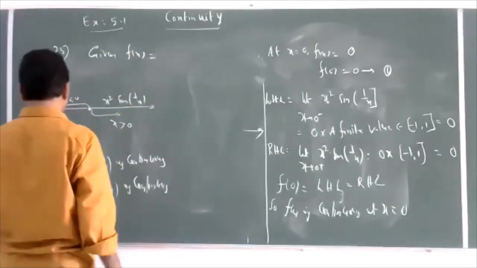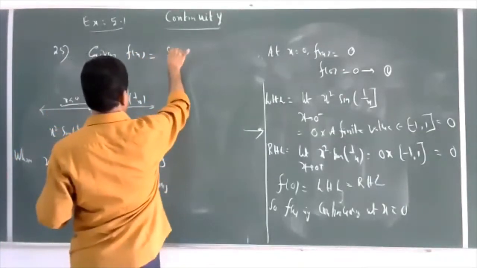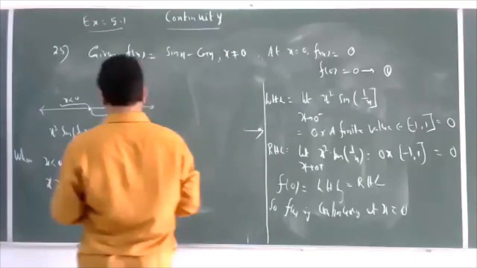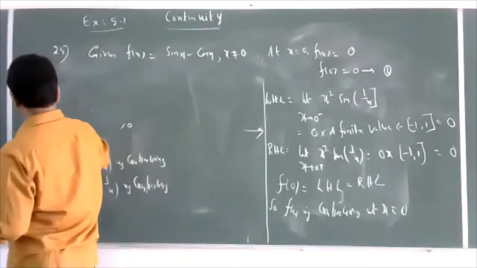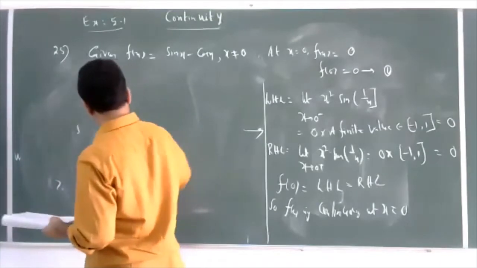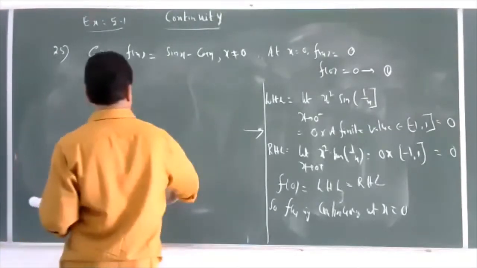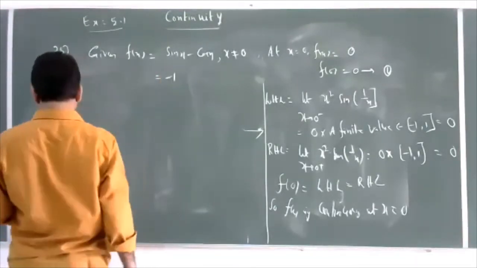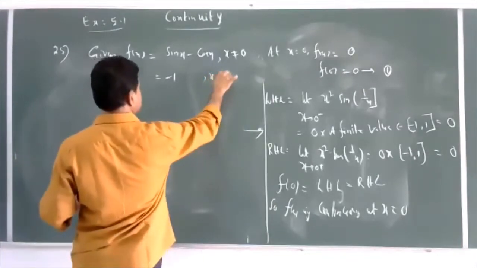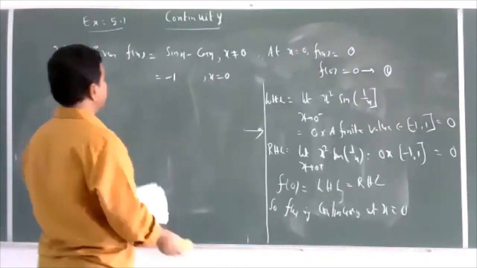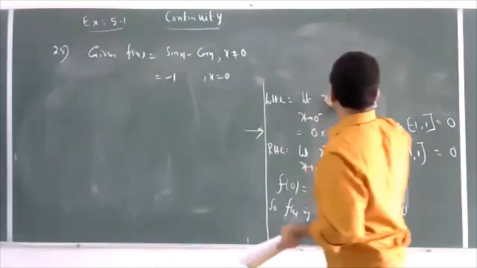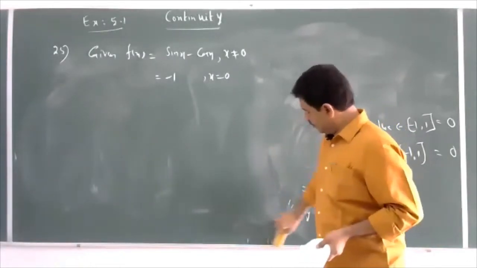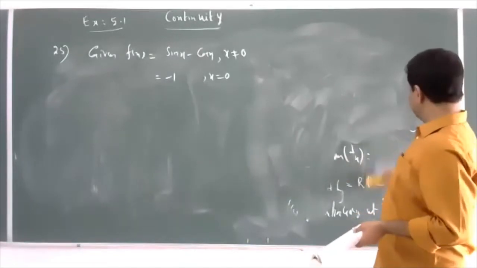Given f of x is equal to sin x minus cos x for x not equal to 0, and equal to minus 1 if x is equal to 0. Examine the continuity of f at 0. First do the discussion.